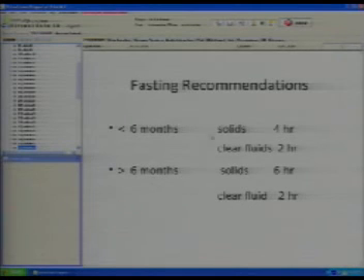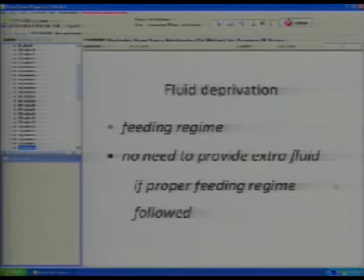This solid is basically milk, and for clear fluid it is 2 hours for both age groups. If a patient has properly followed the fluid or feeding regime, that means the patient is fasted just 4 hours or 6 hours and not more than that, and is given some fluid 2 hours before, there's no need to provide extra fluid.